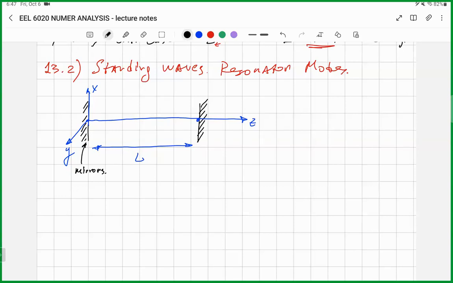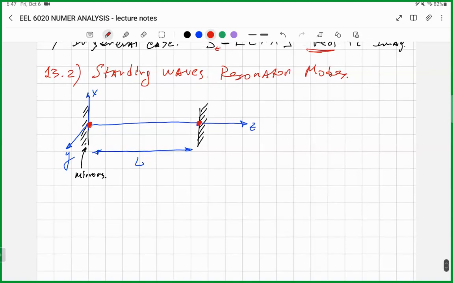It doesn't penetrate inside or through this mirror. For this reason, the electric field must have 0 at this wall. The same is true for the second wall. So it doesn't propagate through.